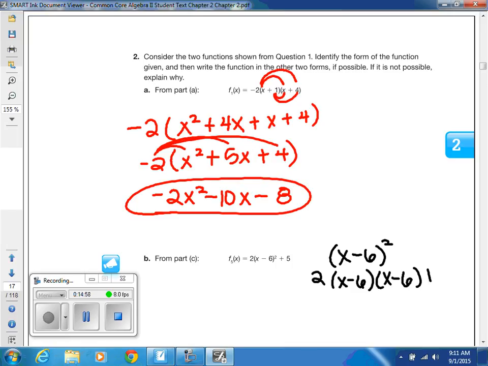Times 2 plus 5. Again, I would do all of this first, then multiply times 2, and then add your 5.